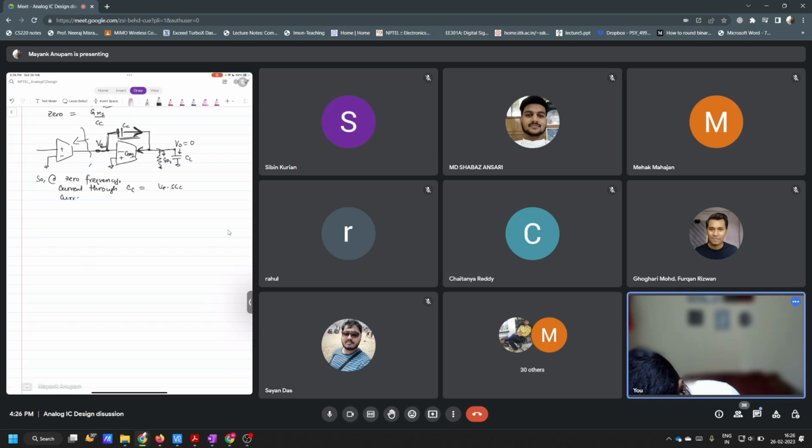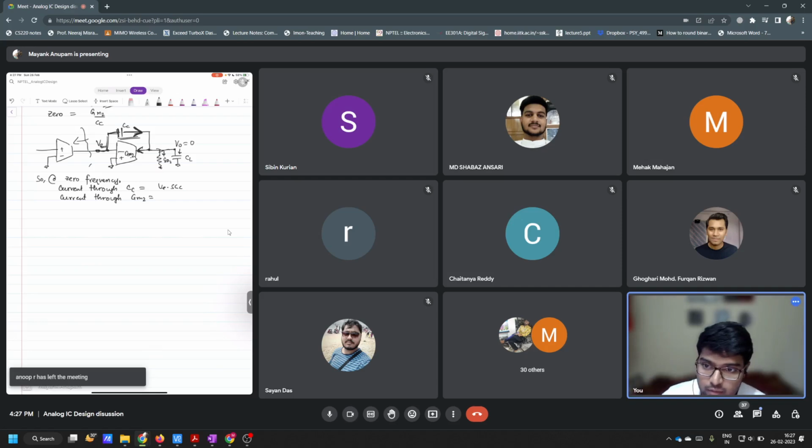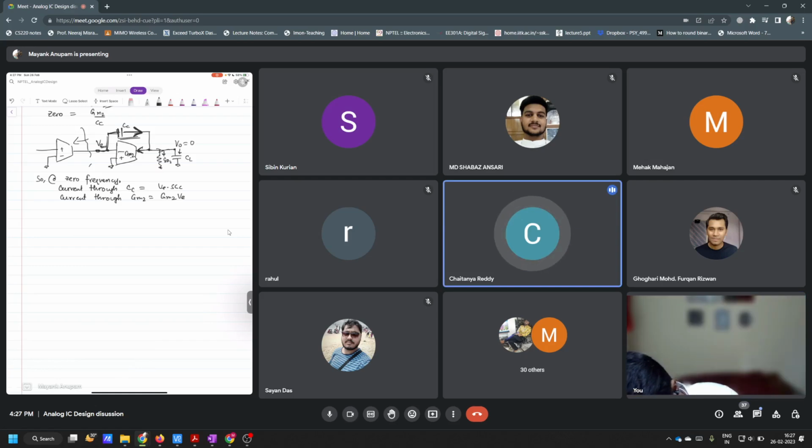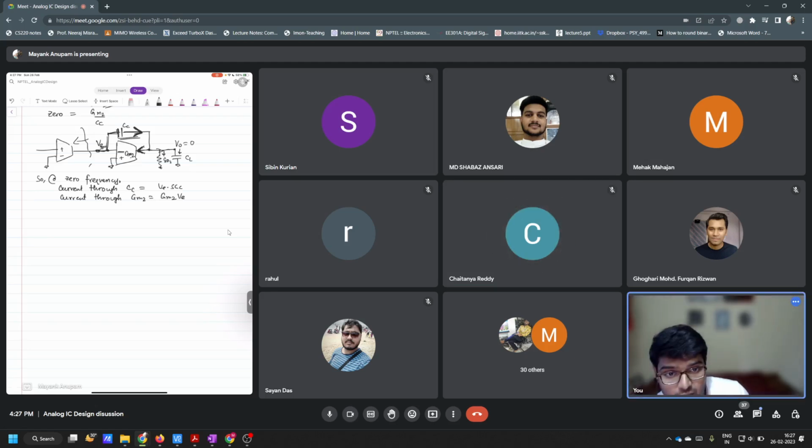And the current at the output of GM2, what will that be? GM2 VE. And what is the sign of GM2 VE, by the way? It is a minus sign. If this is a minus sign at the input, then it is going inside, right? So we can apply a minus sign here also.